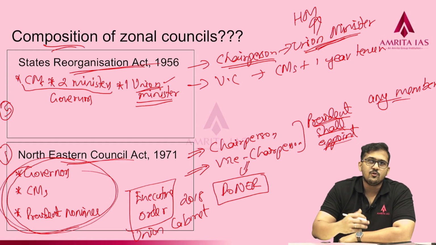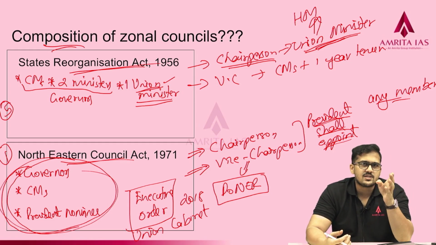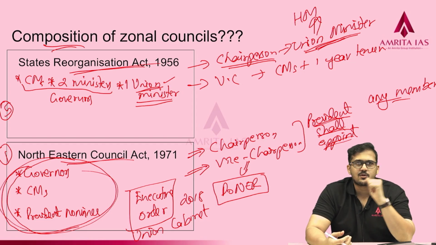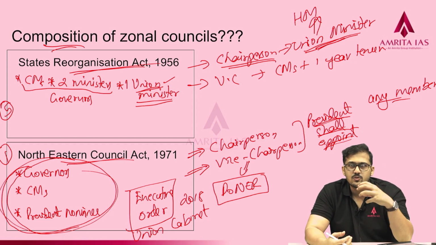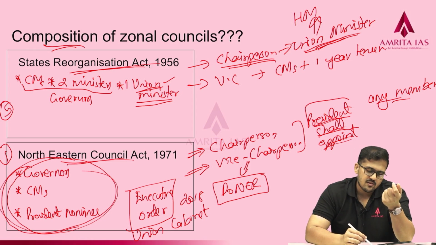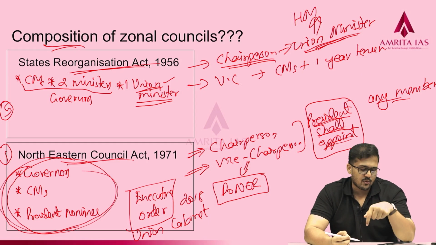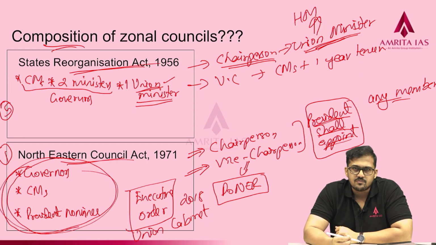Now if UPSC is asking you a question, it can be framed in two manners. Who is the chairperson and vice chairperson as per the Northeastern Council Act of 1971? If the question is asking based on the act, then your answer should be based on what is written there, that is, the President shall appoint anyone from the council.